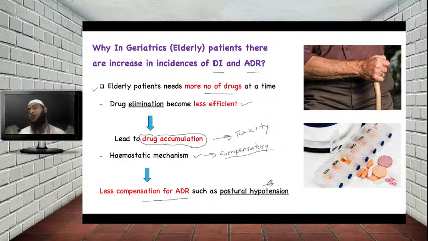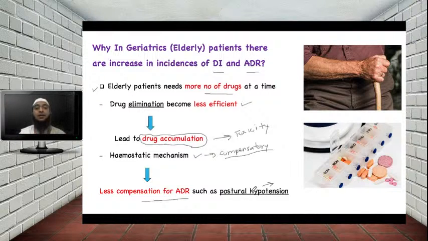While sitting there may be no drop in blood pressure, but when the patient stands, the blood pressure suddenly drops. Generally when we stand and our blood pressure drops, in an adult patient it can be easily compensated and managed by our own body system. But in elderly patients that doesn't happen. There is less compensation for the ADR, for example postural hypotension, and likewise many adverse drug reactions are less compensated and adjusted by the body.